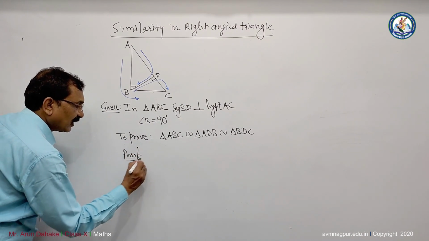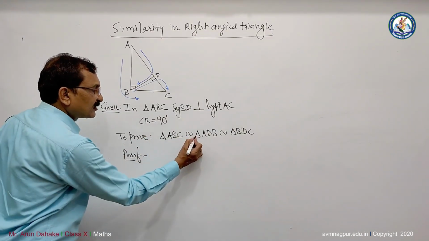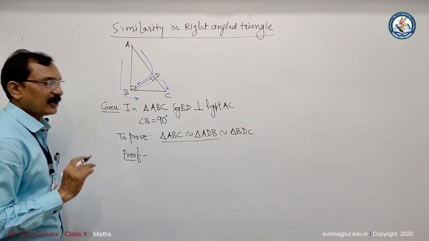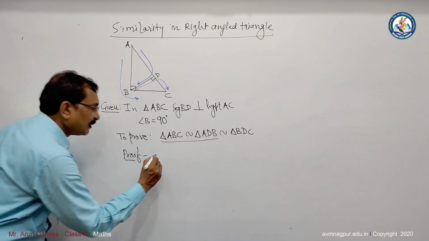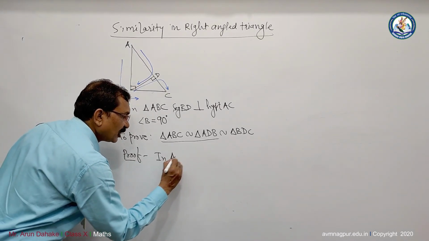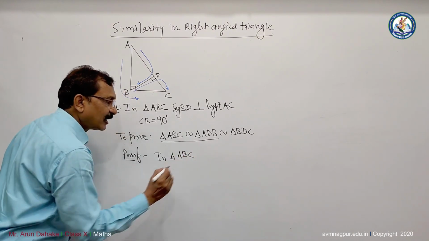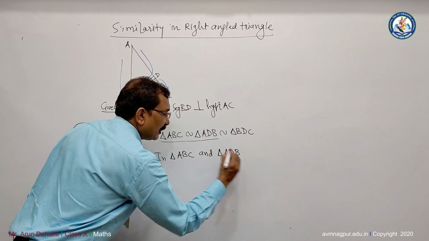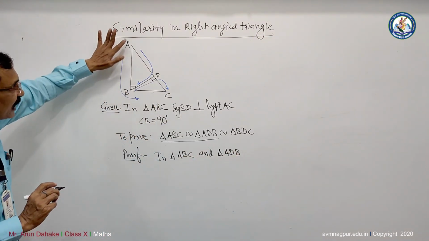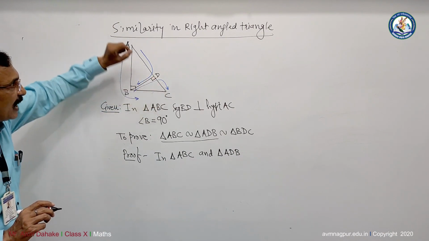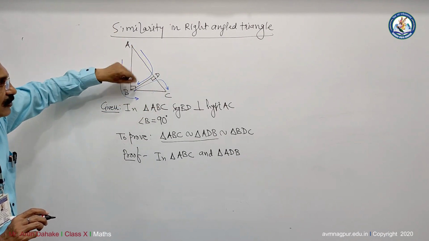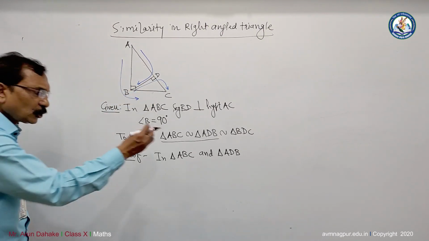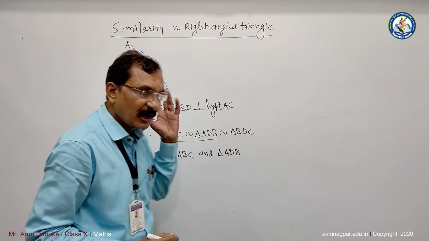See how to prove this one. First we prove that triangle ABC is similar to ADB. So consider triangle ABC, the original triangle, and triangle ADB, one smaller triangle with the original triangle, and show that these 2 triangles are similar.